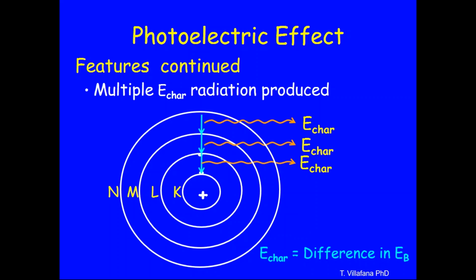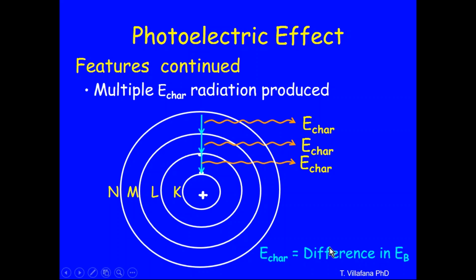And then you're going to have another characteristic radiation when you have that cascading of electrons from one level to another, so you can have those multiple characteristic radiations. And in every step, those characteristic radiations are always equal to the difference in binding energies.